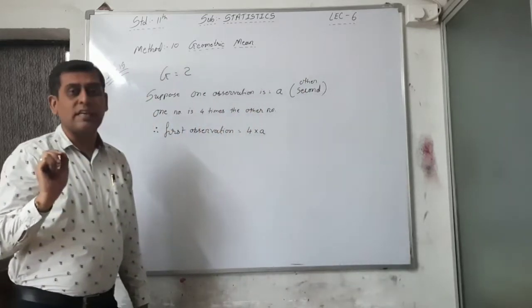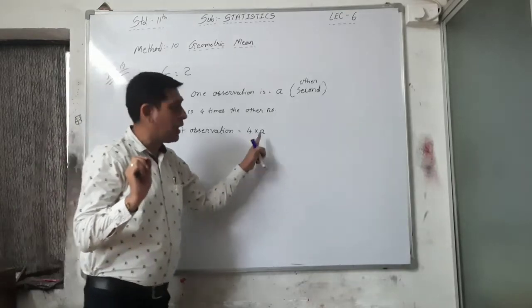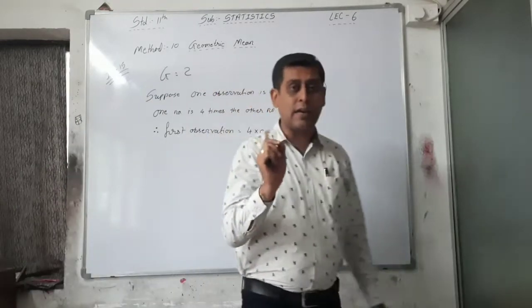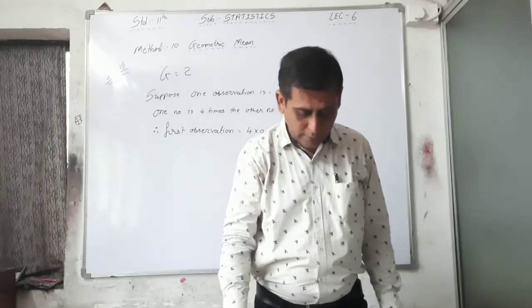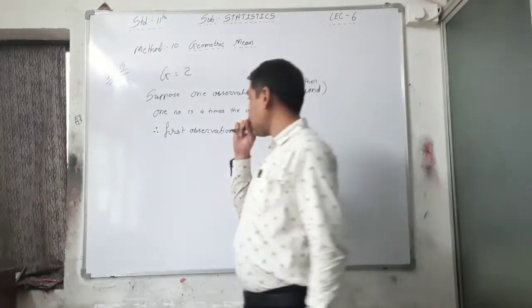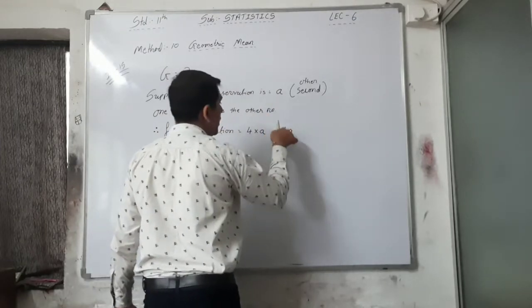Second observation is A. Now the first observation is 4 times the second, so the first observation is 4A. Right? Okay, so now we have two observations, this one and this one.